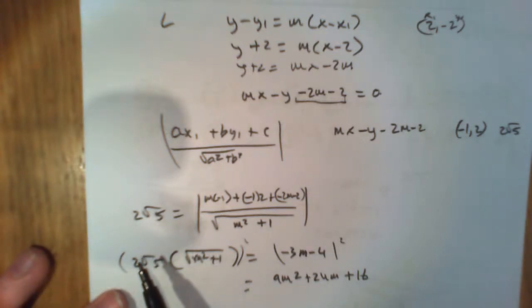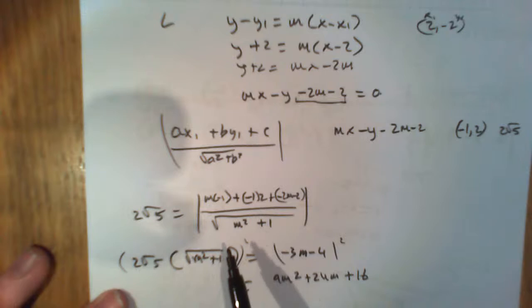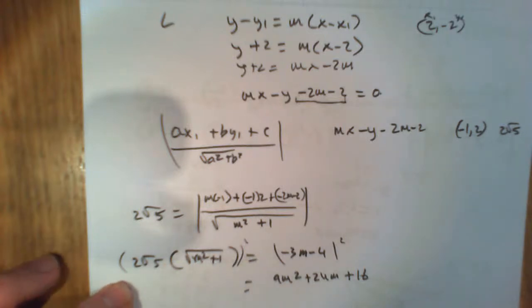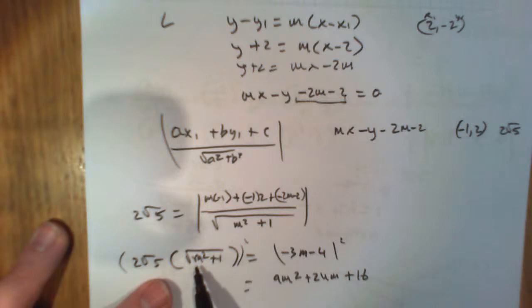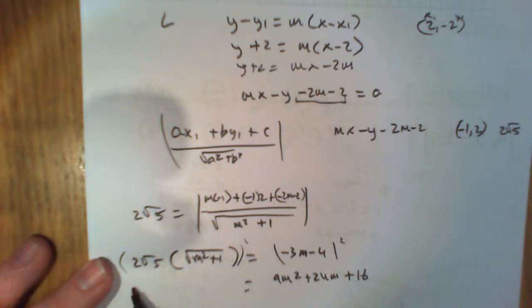Okay, square the left, square the right. That's 4 times 5, that's 20. And then square that, that's m squared. So 20m squared plus 20. Okay, so that's looking like a quadratic.